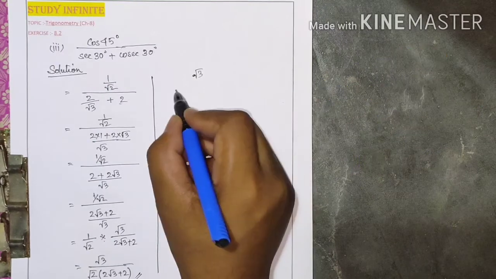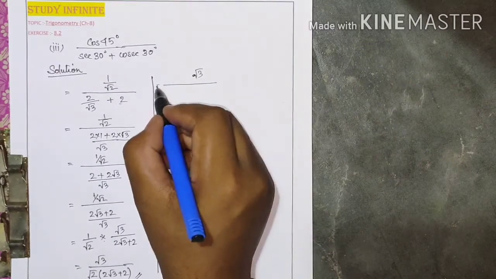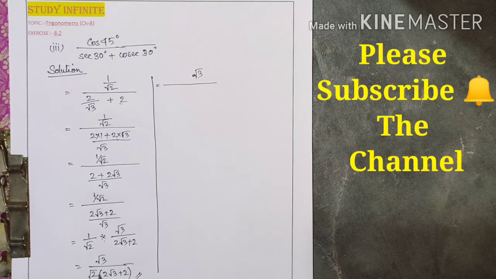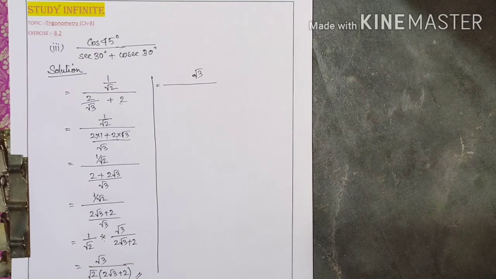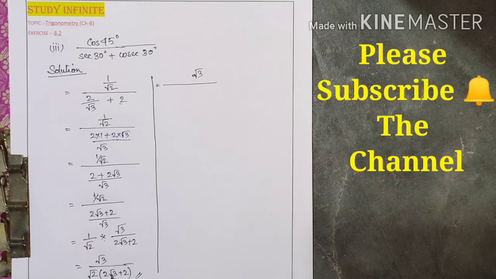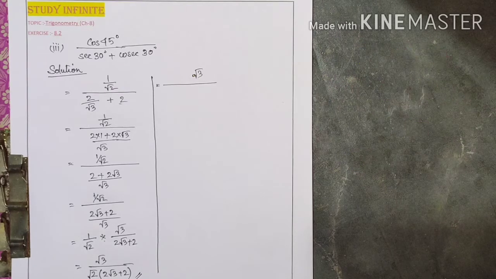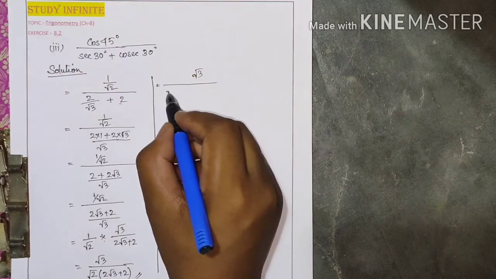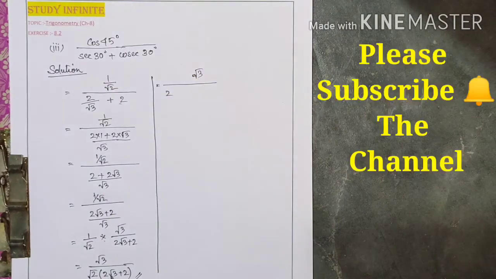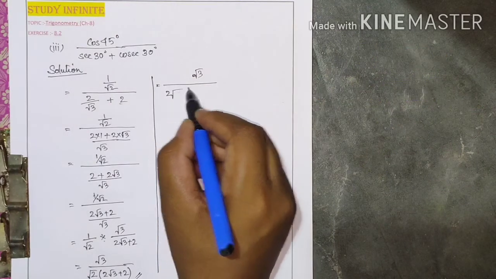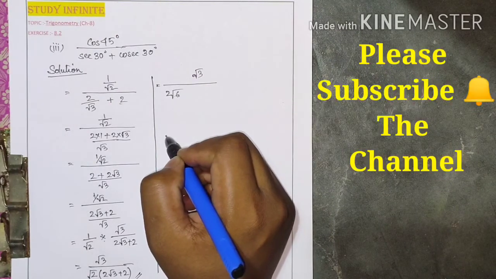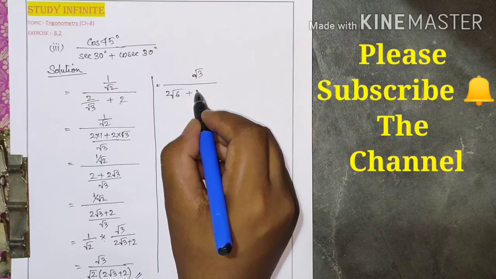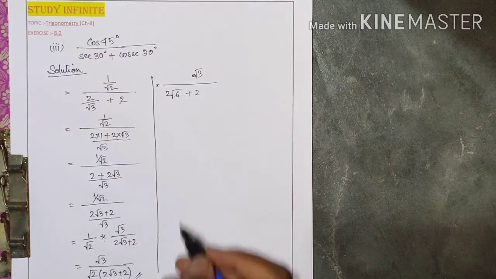So root 3 upon, let us multiply root 2 in the bracket. Since it is root 2, we will multiply with root 3, not with 2. So 2 remains as it is, and root 3 into root 2 is root 6, plus 2 remains as it is and root 2.